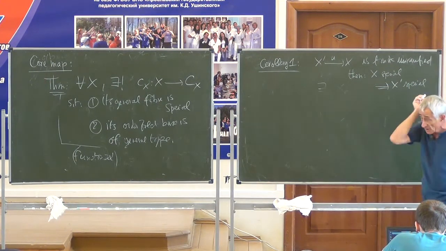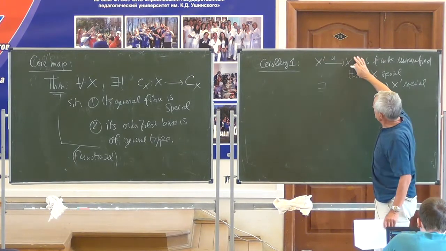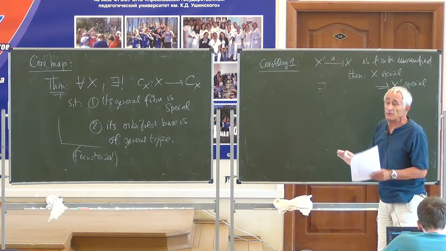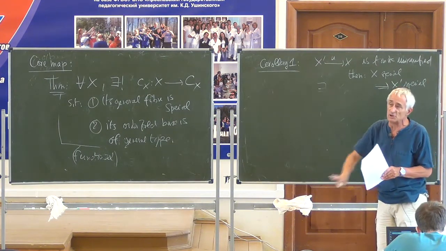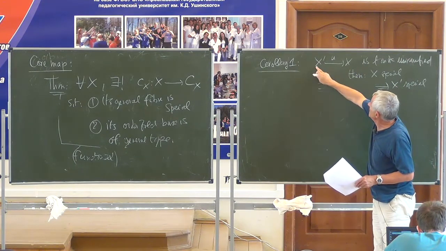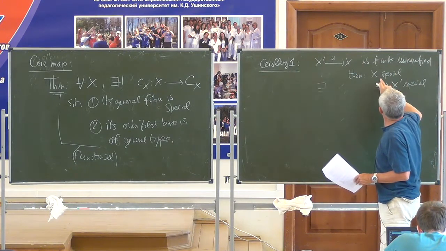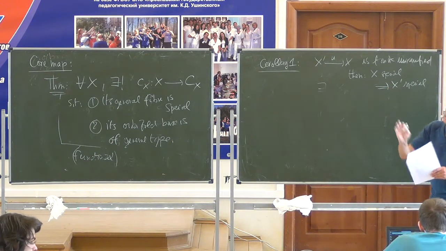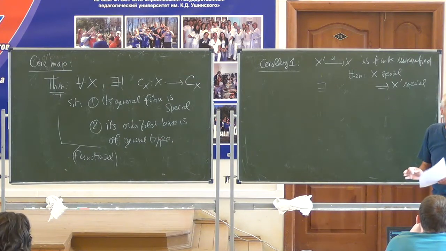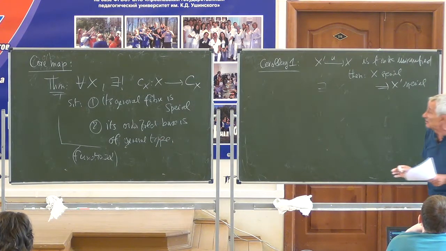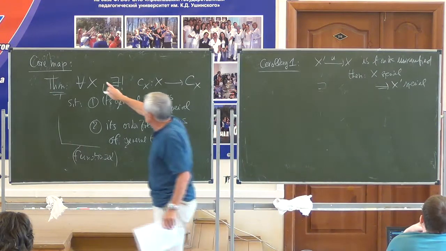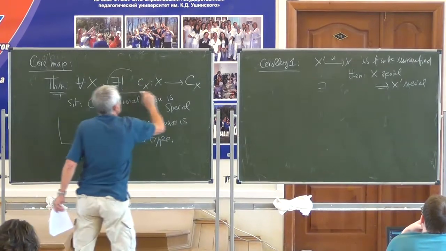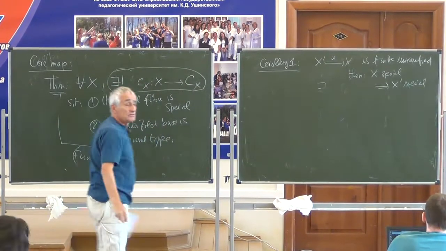I should mention one easy thing. If you have a surjective map from X prime to X, and X prime is special, then X is special. This is very easy: the image of something special is special. But for X special implies X prime special, usually the statements about étale covers are completely trivial, but this is surprisingly difficult, and I'm not able to show this without using the uniqueness of this map here.